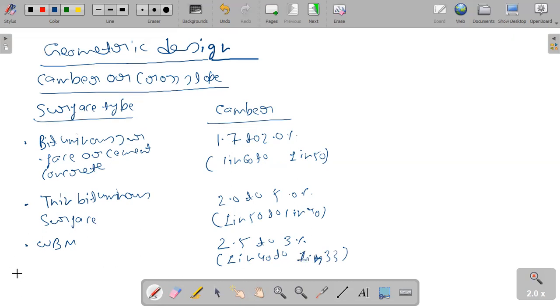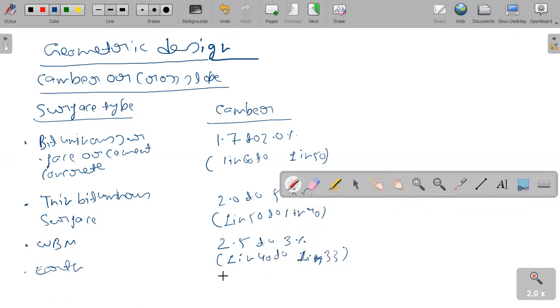And lastly, if you have an earth surface, then you get a camber of 3 to 4%, and a slope of 1 in 33 to 1 in 25.